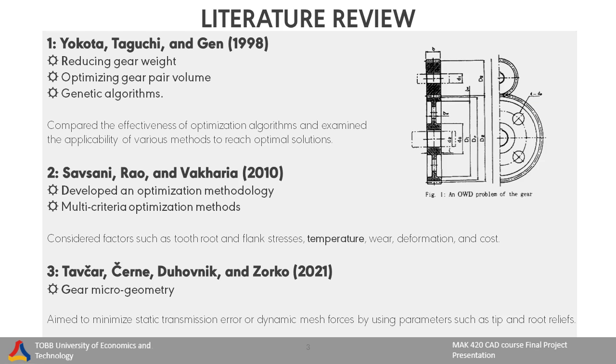And secondly, Saisani, Ryo, and Wakaria developed an optimization methodology for polymer gears using multi-criteria optimization methods in gear design. This methodology considered factors such as tooth root and flank stresses, temperature, wear, deformation, and also costs.